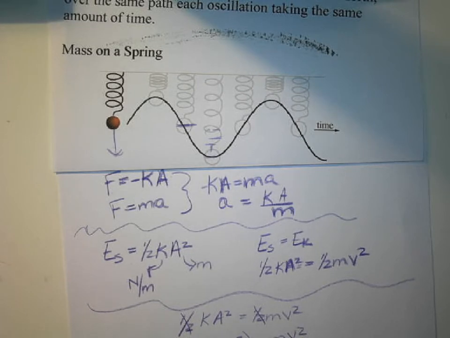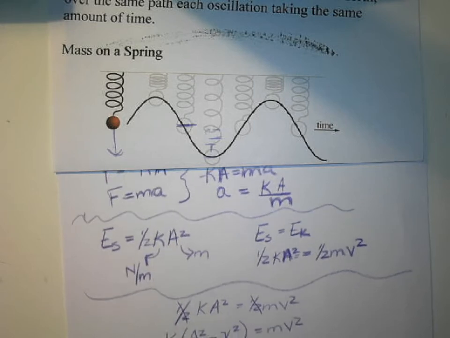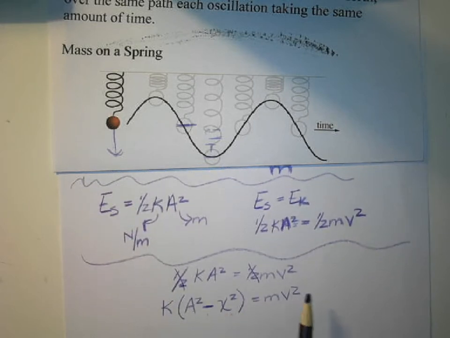So let's say the maximum amplitude, the amount it was stretched, was 10 centimeters, but I want to know the velocity when it's traveled 8 centimeters. So that would be 10 squared minus 8 squared. Then you solve for v. Or let's say the maximum amplitude, I pulled it to 6, but I want to know it when it's traveled 3 centimeters.